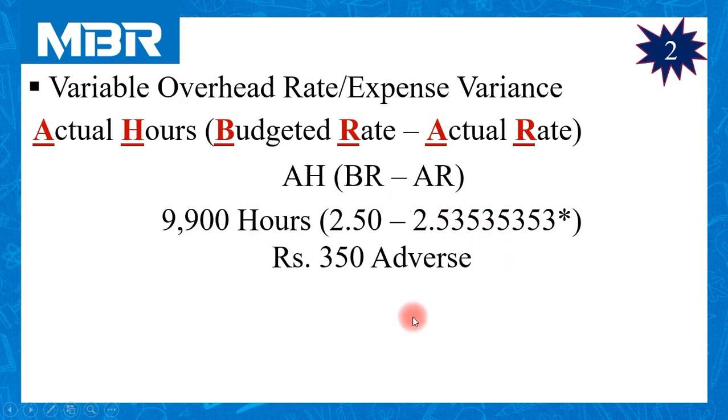Additional payment resulting into additional cost, and this additional cost decreases amount of profit. So it is affected to profit adversely. That is why it is adverse. With this, our second variance comes to an end.